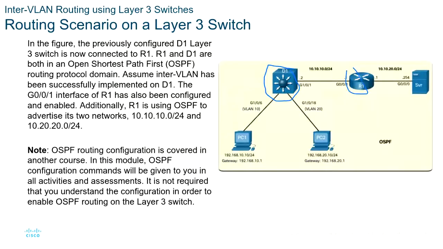This router R1 and the D1 switch will have some sort of configuration commands in them, probably OSPF or something like that, so that they can advertise their networks back and forth to each other. We'll cover OSPF in a later course, when we come back around Halloween and configure OSPF routing. In this particular course, we're just going to cover a little bit of static routing.